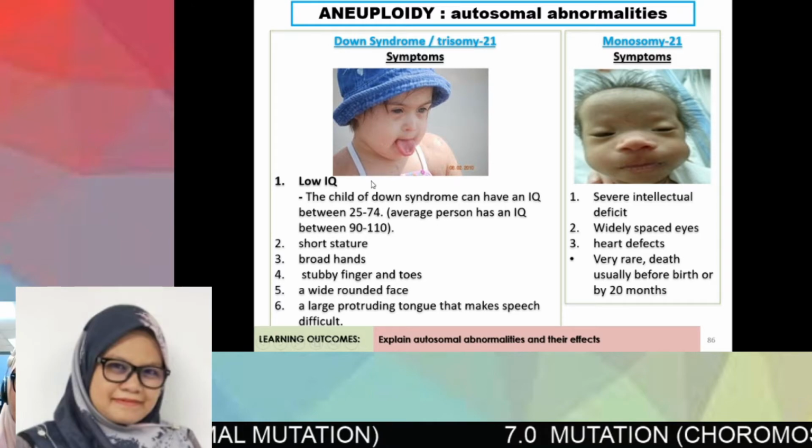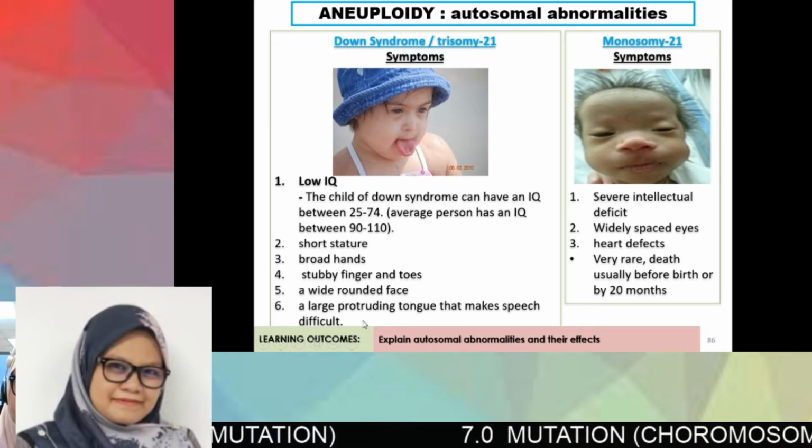So for trisomy 21, this is the symptom for the Down syndrome person, and this is the symptom for person with monosomy 21. Okay, for trisomy 21, the person with low IQ, the child of Down syndrome can have an IQ between 25 to 74. Average person has an IQ between, this one normal 90 to 110.